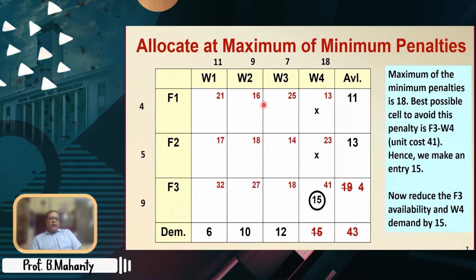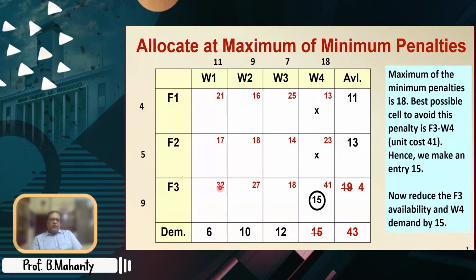Now, once again, the penalties are recomputed. Obviously, for these columns, no change, and this 18 will be crossed now. For this side, they now need to be revised. So what should be the revision? The revision is 25 minus 21, 4, 18 minus 17, so it should be 1.